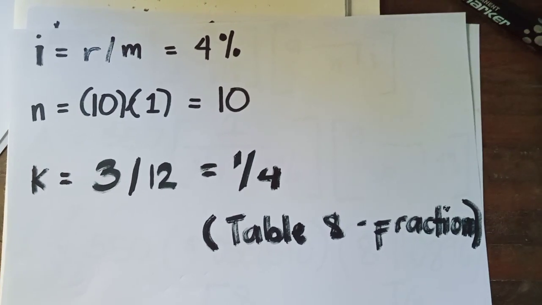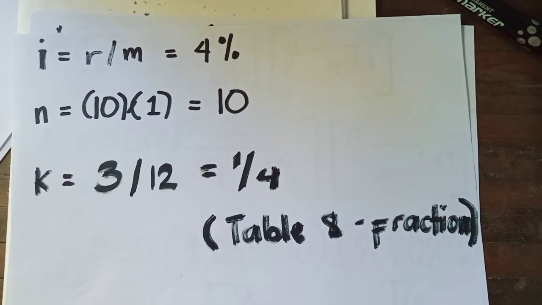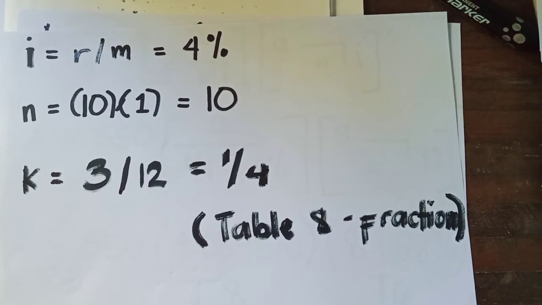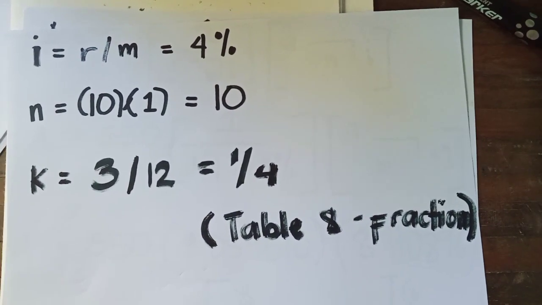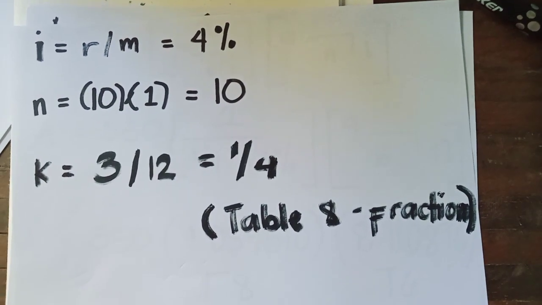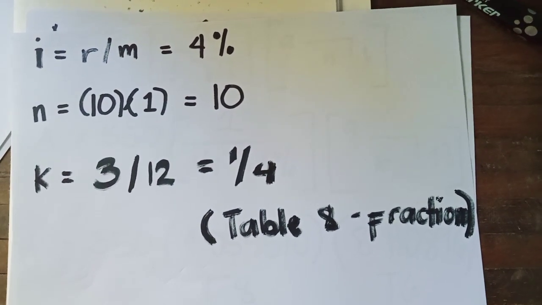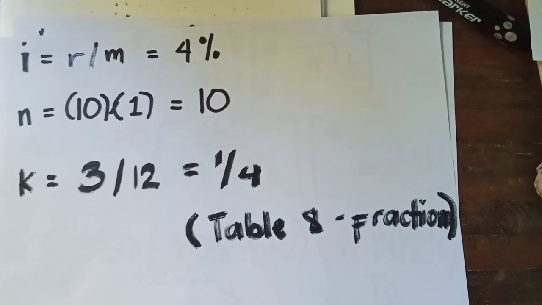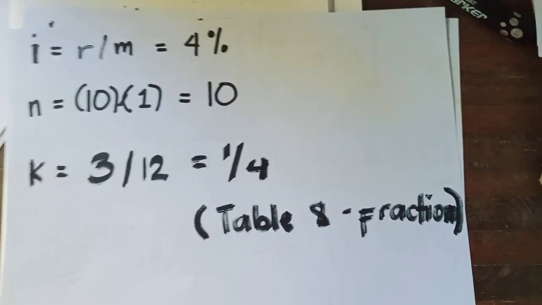The N is T times M equals 10. 10 times 1 equals 10. K is 3 over 12 equals 1/4. 1/4 means table 8 because it is a fraction.